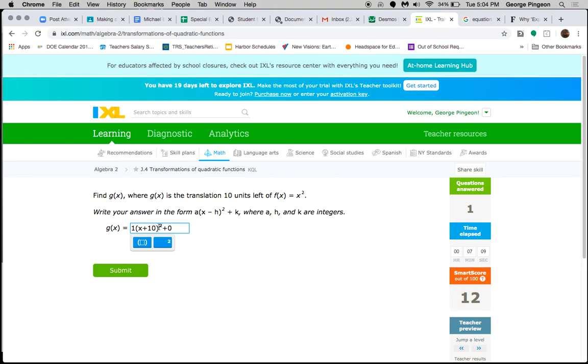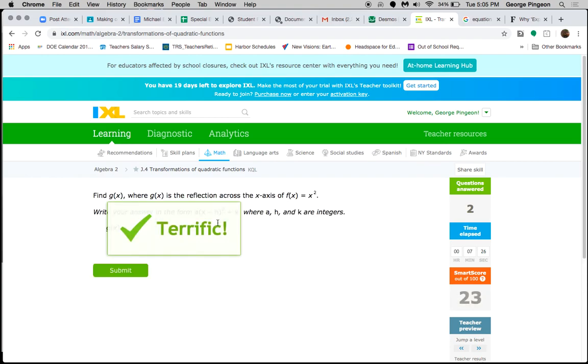X plus 10 squared is going to move your parabola 10 units to the left. Subtracting 10, doing x minus 10, is going to move it 10 units to the right. Okay? So that's the one that you have to be careful with. All right.